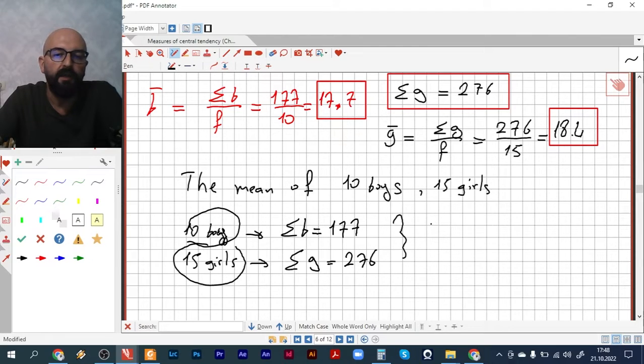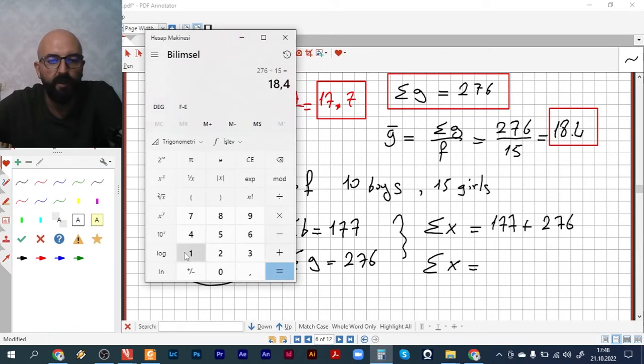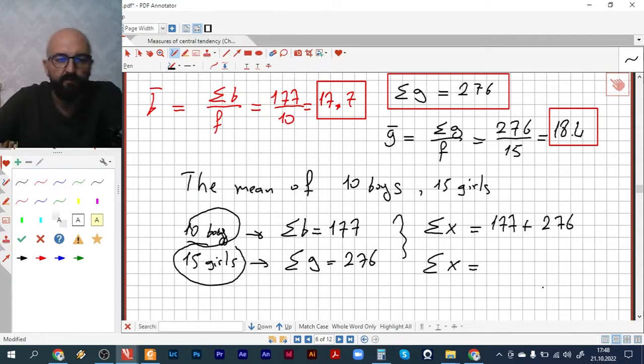So the sum of all ages should be 177 plus 276. So I want to calculate again, 177 plus 276 and 453.